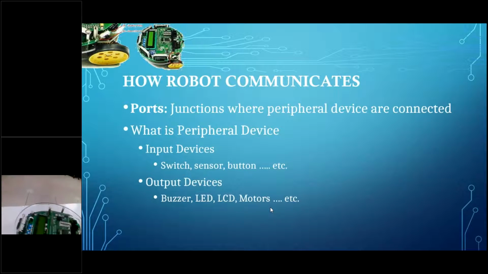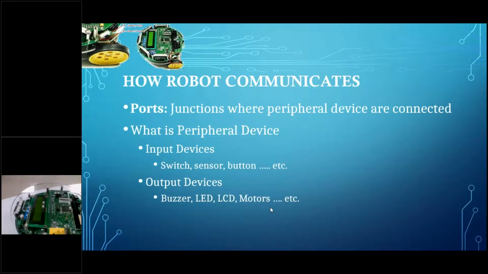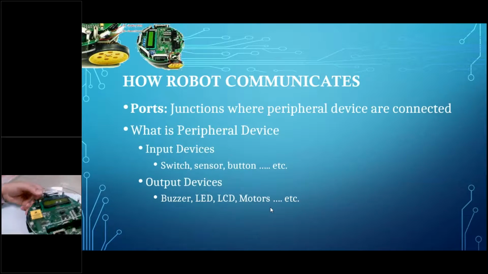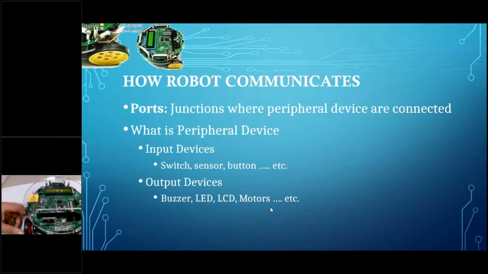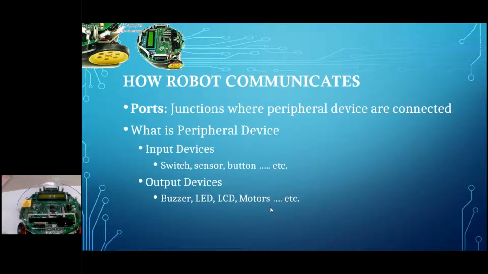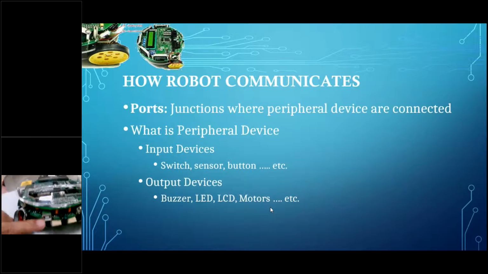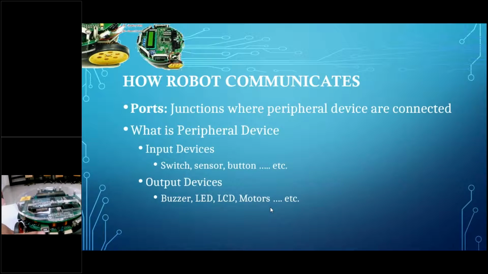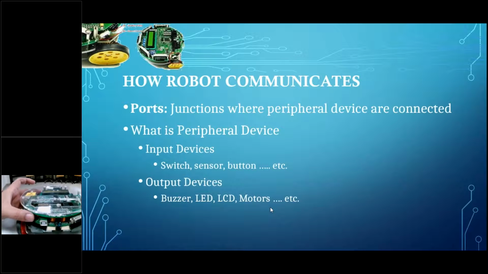Okay, so here you can see this is the robot, and on this robot you can see there are a lot of different input and output positions. First, this is your position to connect a peripheral, to enter the program, to feed the program into the robot chip.